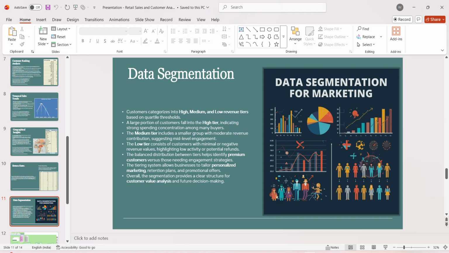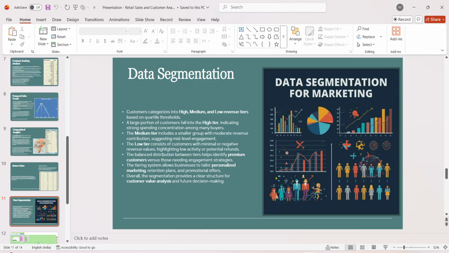The customers are categorized into high, medium, and low revenue tiers based on quartile thresholds. A large portion of customers fall in the higher tier, indicating strong spending concentration among many buyers. The medium tier includes smaller groups with moderate revenue contribution, suggesting mid-level engagement. And the low tier consists of customers with minimal or negative revenue values, highlighting low activity or potential refunds.